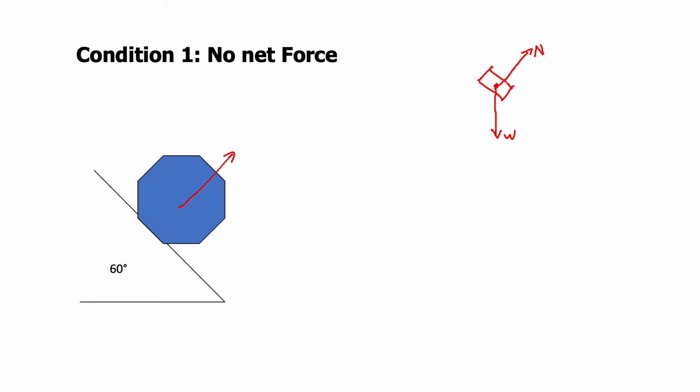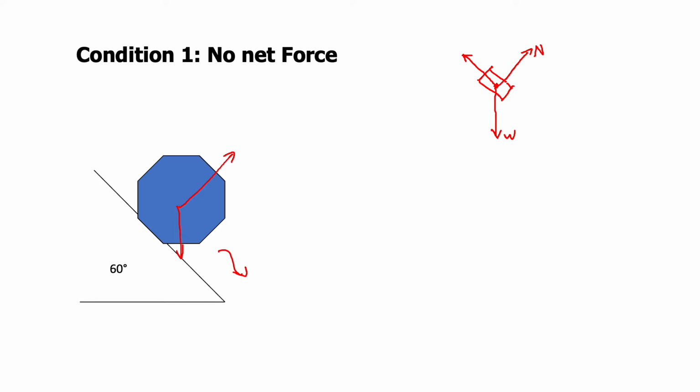And lastly, we have the frictional force. This is the weight. Since the tendency of this object is to move this way, and we know that frictional force always acts opposite the direction of the motion or the possible motion, the frictional force should look like this, directed towards this direction. Now, for us to analyze this one, we can do a little trick.